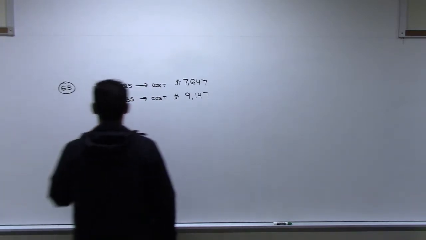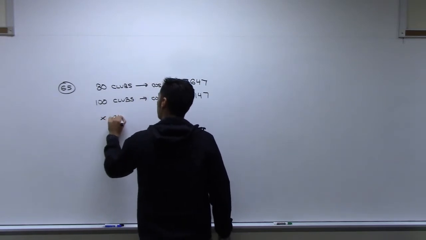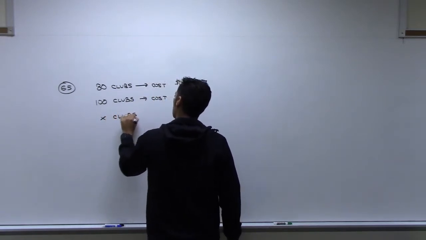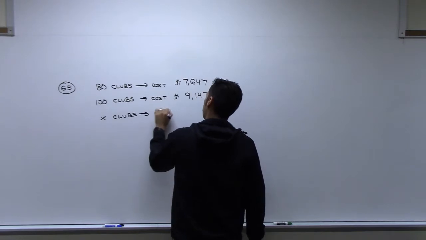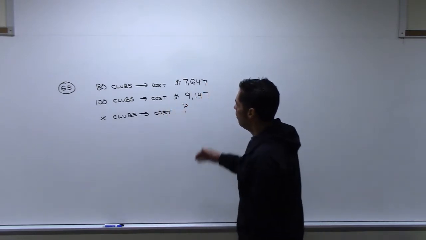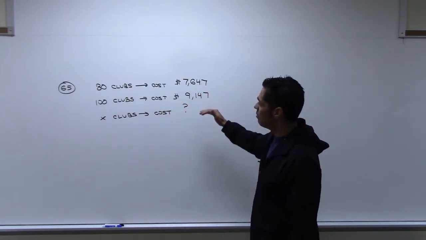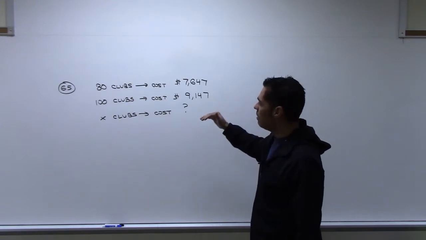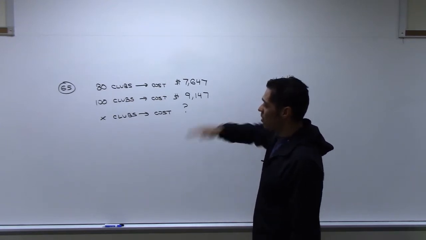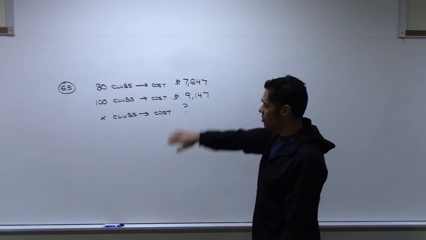So what they want is to know if we did X number of clubs, what would the cost be? And to do that, we're going to assume that this is a linear relationship. Because it's linear, it means that it's a line that describes this cost.